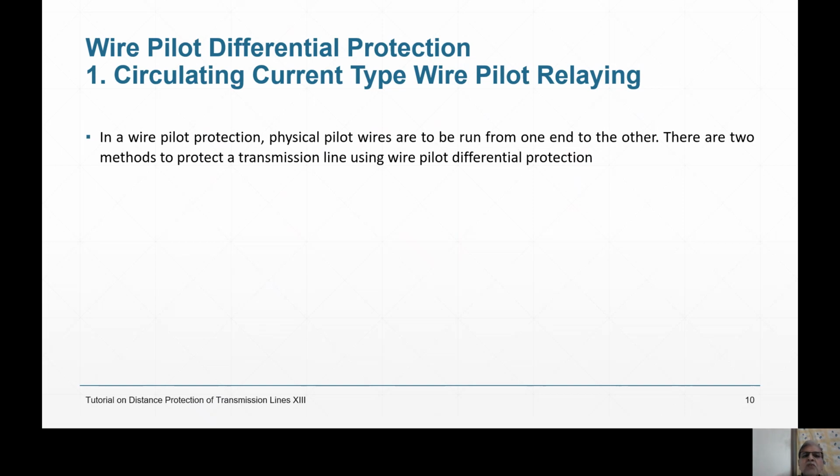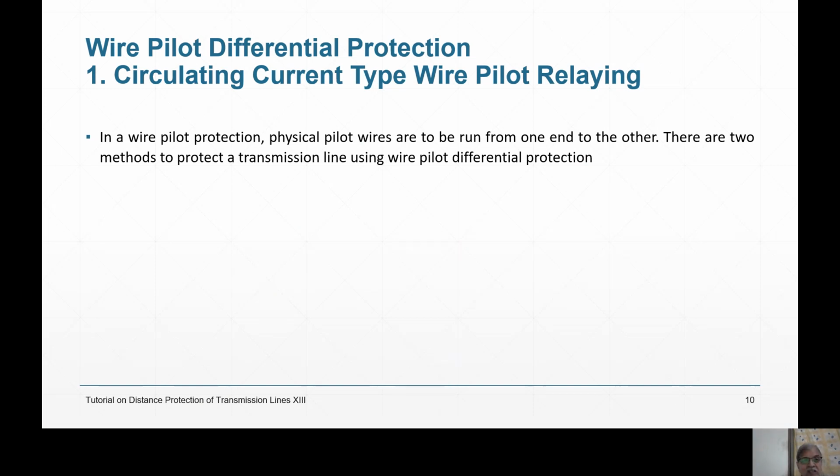So if you think of a differential protection scheme, one differential protection scheme is the wire pilot differential scheme. That means physical wires are laid between the two ends. If it's a 100-kilometer long line, then 100-kilometer long wires are laid.